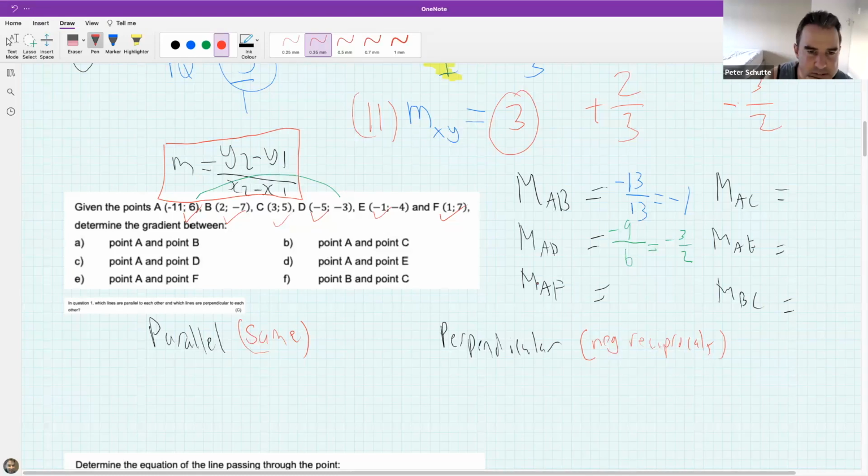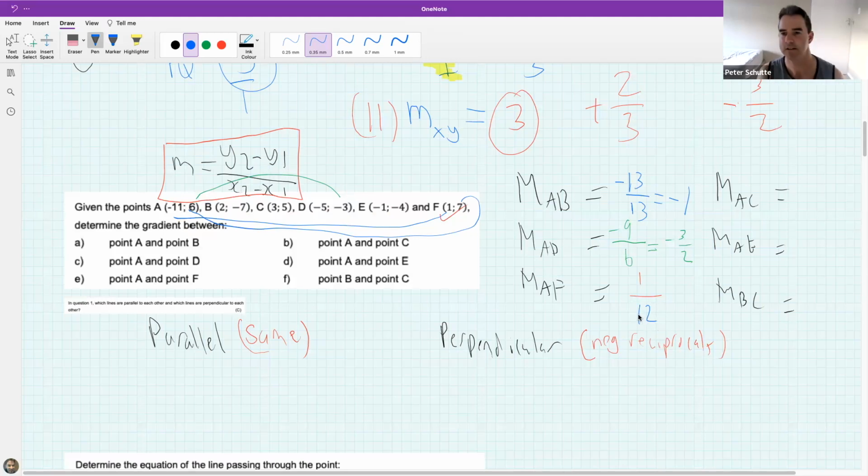AF: 7 minus 6 is going to be 1, and then 1 minus 11 is going to be 12. Let's make sure. 7 minus 6 is 1, and then 1 minus 11 is plus 7. So that's going to be 1 over 12 is what I get.